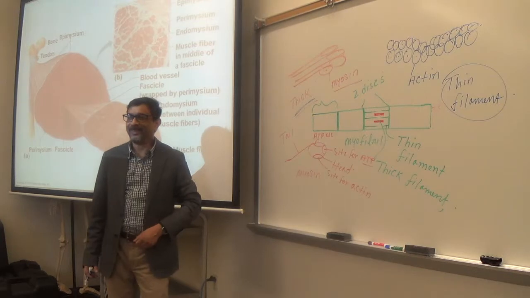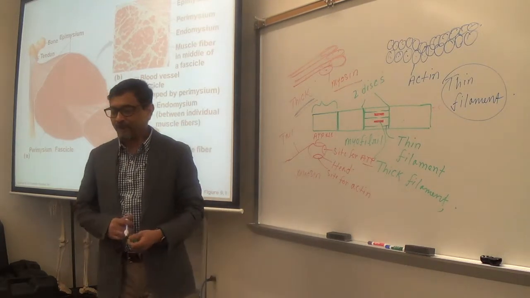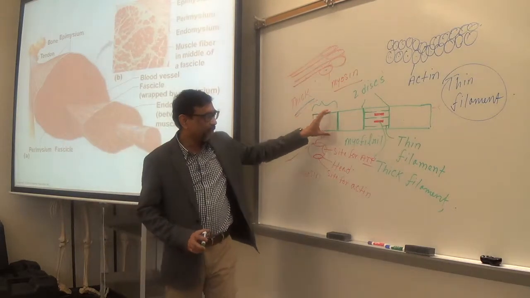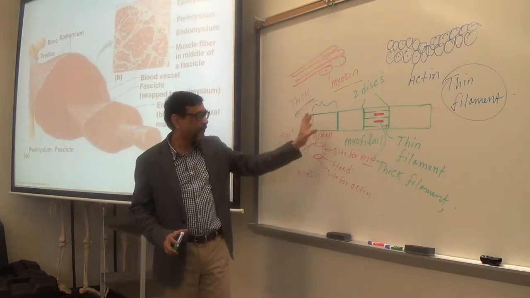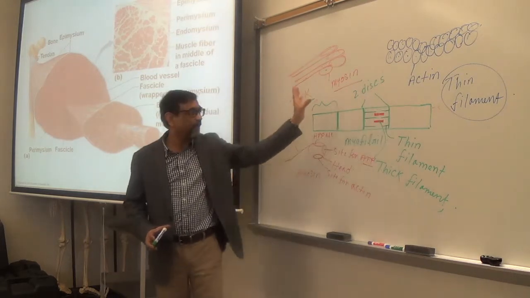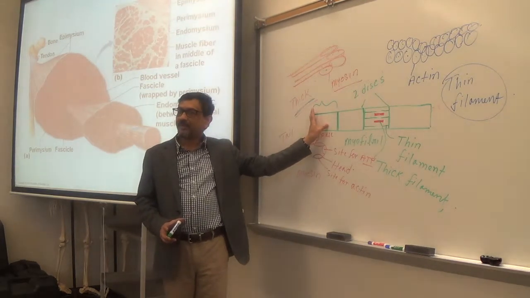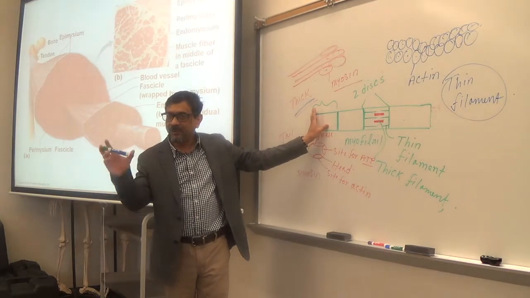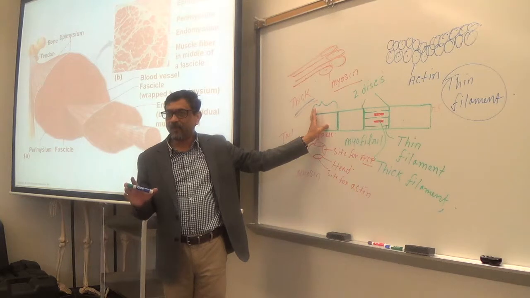Okay, so let's see how much you remember. Okay, so this is a myofibril, right? Inside the myofibril you see segments, many, right? Each segment is the sarcomere, which is the unit of contraction. Is it clear?